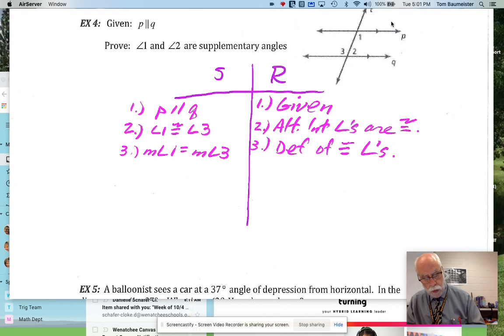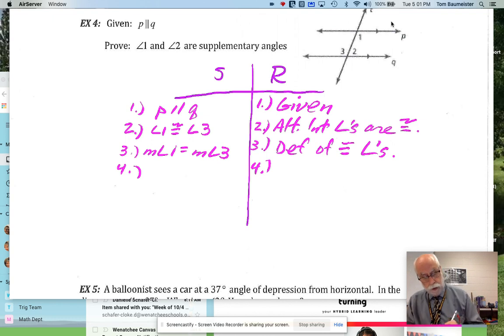Now, we don't really know much more, but if we look right here, you can tell me that angle 2 and angle 3 are a linear pair. And what do we know about linear pairs? We know that they equal 180 degrees. And that's from one of our postulates that we learned earlier.